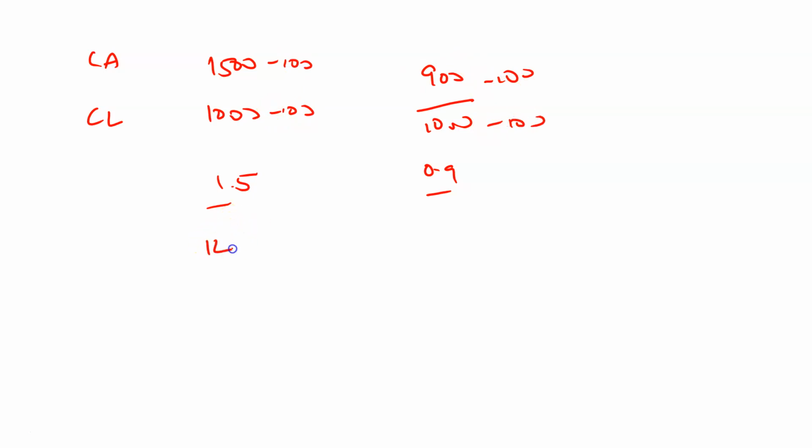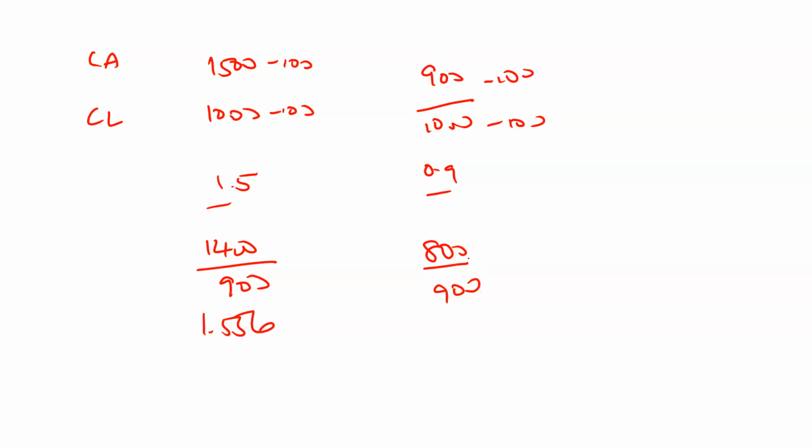So here you have 1,400 over 900, and here you have 800 over 900. And then for yourself, you'll see the shift. If you divide by 900, you see a shift of going from 1.5 to 1.556.